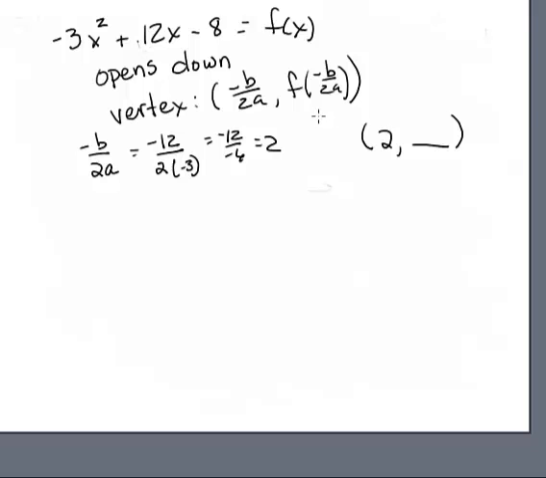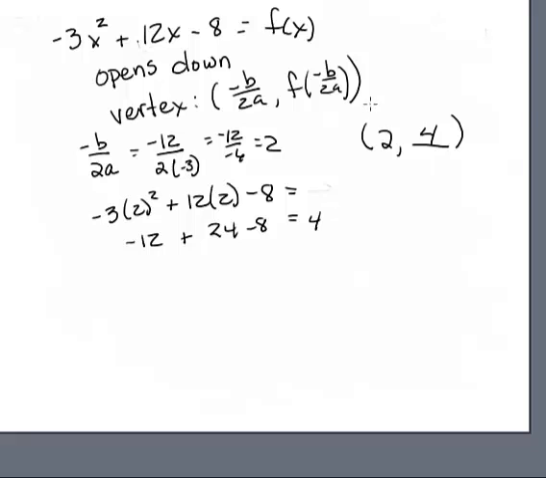To find that something, I take 2 and put it back into the function. Negative 3 times 2 squared plus 12 times 2 minus 8 equals negative 3 times 4, which is negative 12, plus 24 minus 8. Adding those, I get 12 minus 8, which is 4. So if I put 2 in, I get 4.